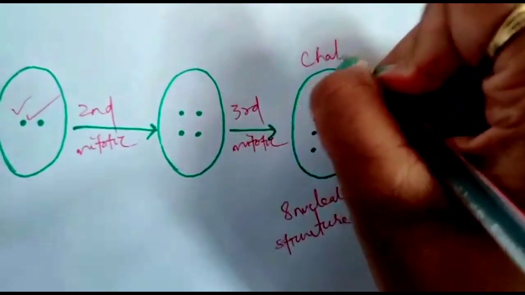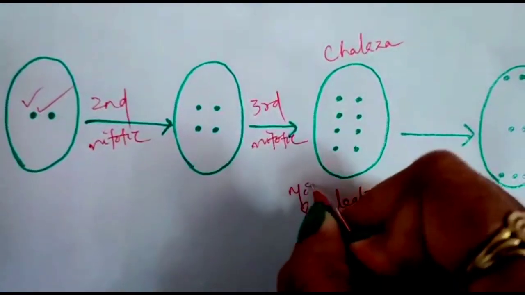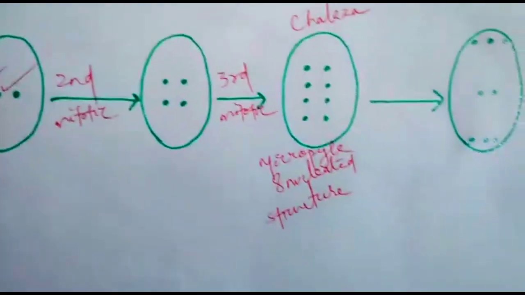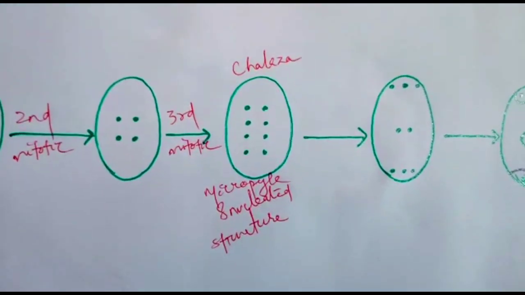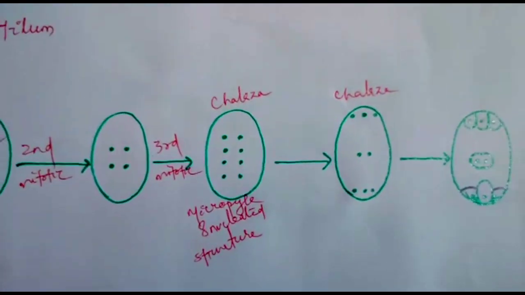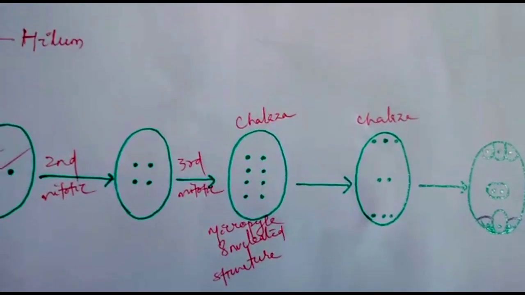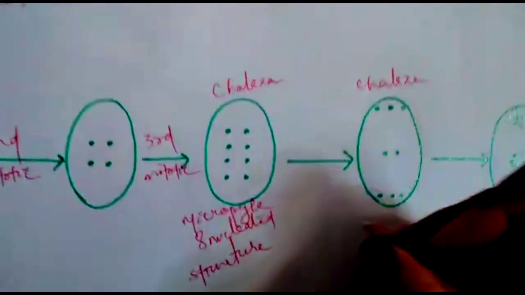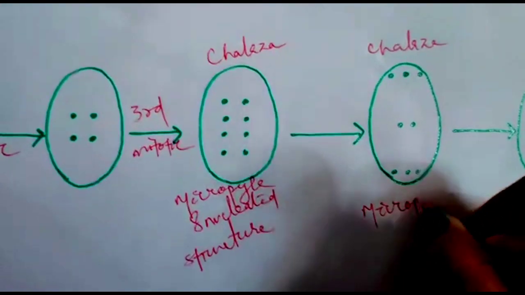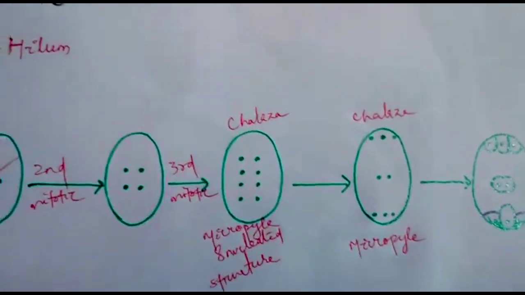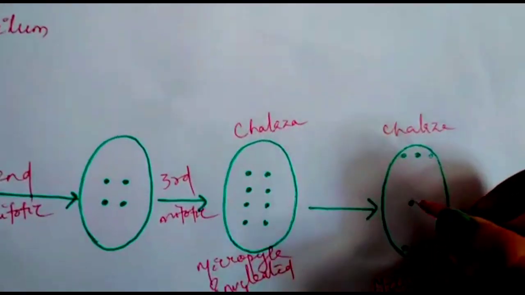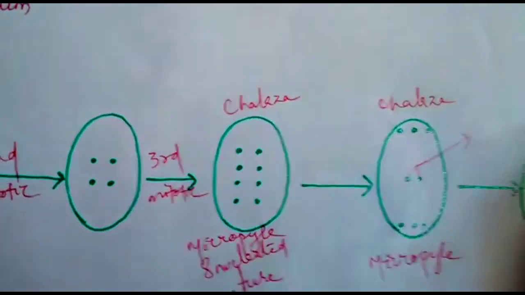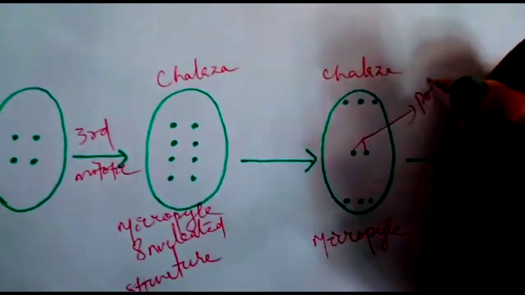This is the chalazal end and this is the micropylar end. Now arrangement takes place inside this megaspore. Out of 8 nuclei, 3 nuclei move towards the chalazal end, 3 nuclei move towards the micropylar end and 2 nuclei are present at the center. These 2 nuclei present at the center are called polar nuclei.